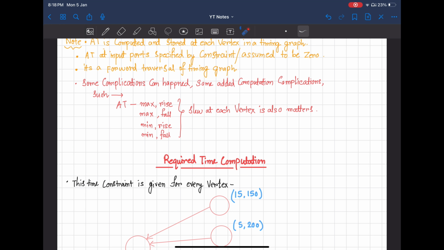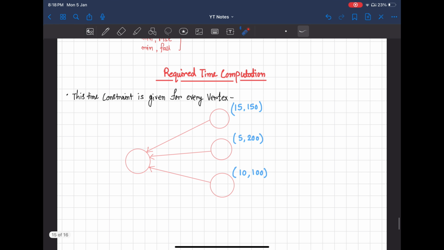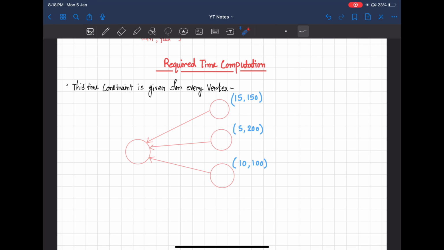Now coming to the required time computation. Required time computation is done by a backward traversal of the timing graph. I discussed it about 2 times when I was writing the equations of hold time and setup time. So required time computation is very simple. Try to remember when I was talking about the setup and hold time equations.